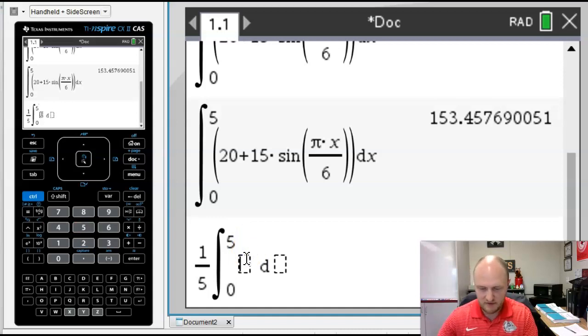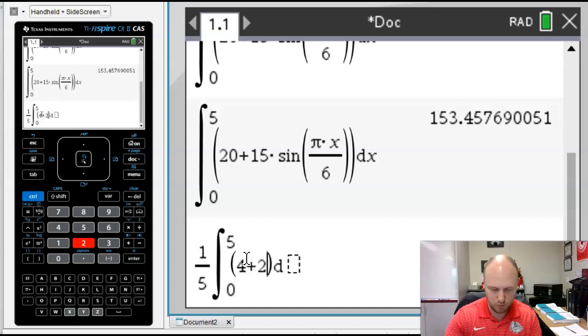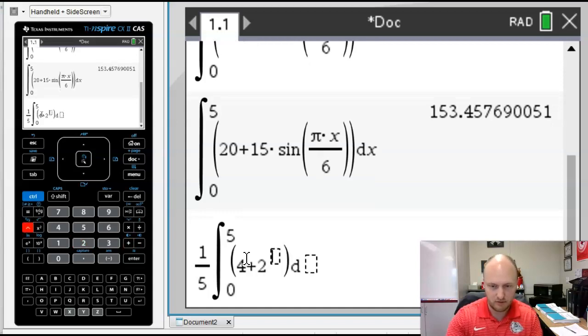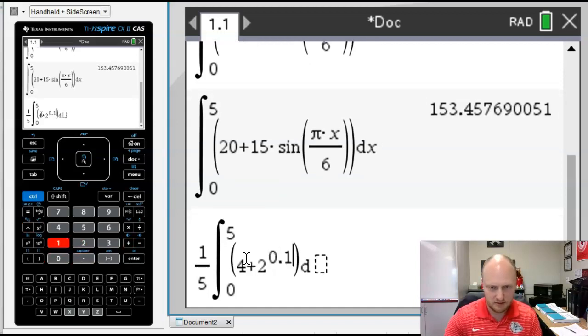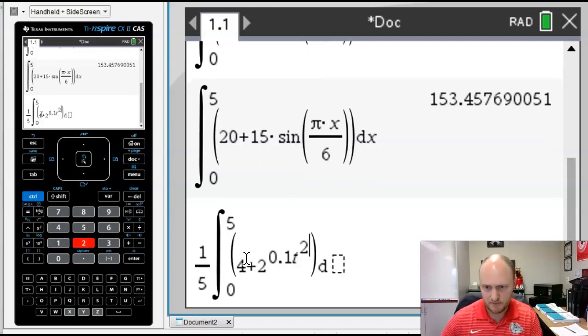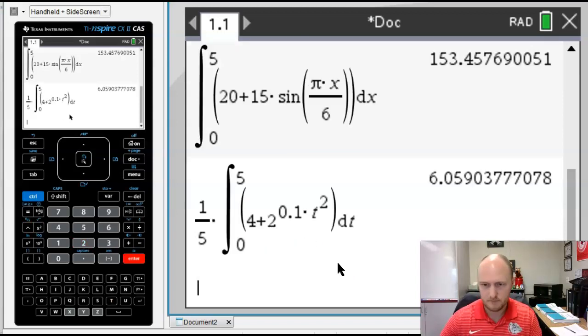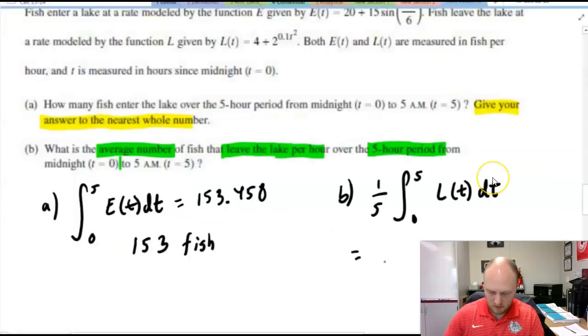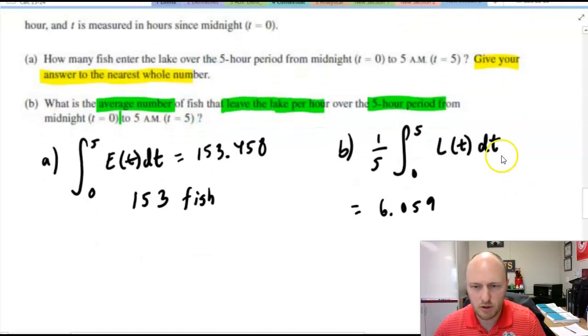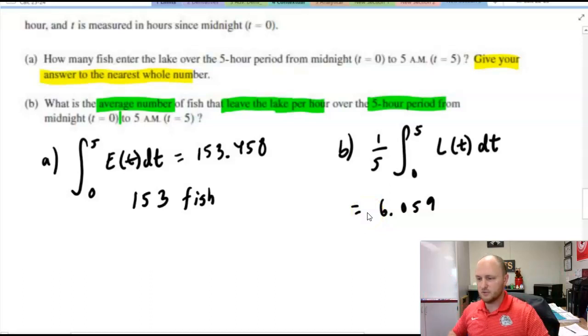And L of t, if I look this up, 4 plus 2 to the power 0.1, I'll go back to t squared dt. Enter. And so we get 6.059. 6.059. And this is fish per hour. They don't ask me to round to the nearest whole number, so I'm leaving it as 3 decimal places.